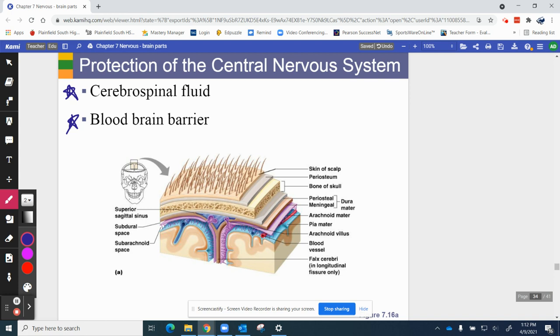You can see we've got this little space between called the subarachnoid space right here, right between the blood vessels. That's where the blood vessels form. For the most part, the brain itself doesn't have any blood flow within it. It's all around the outside, and then it's crossed through that barrier there.